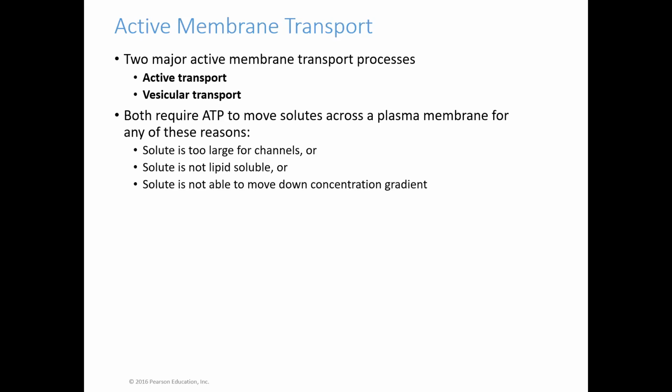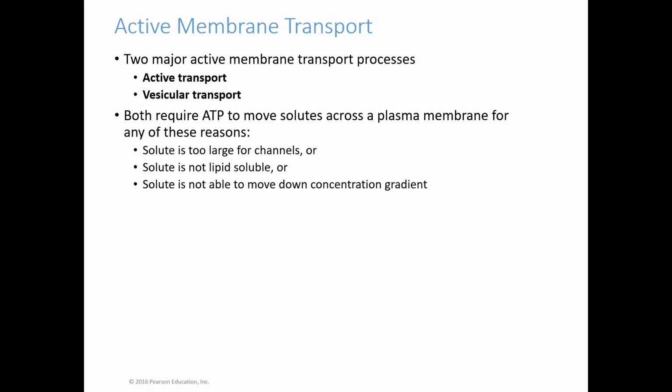Now, active transport occurs, there's three categories that cause it. The substance that you want to get across the membrane is too big to fit into any kind of channel, too large, or it's not fat soluble, or more than likely, in most cases, you can't move it passively against the concentration gradient.